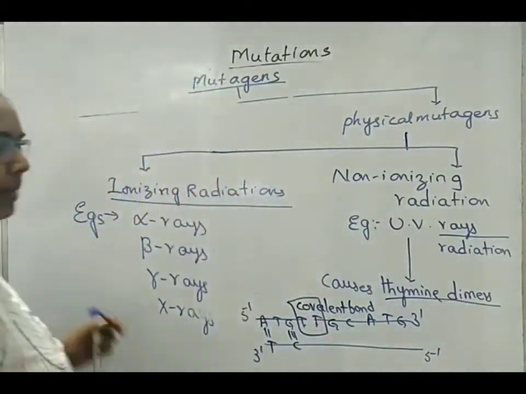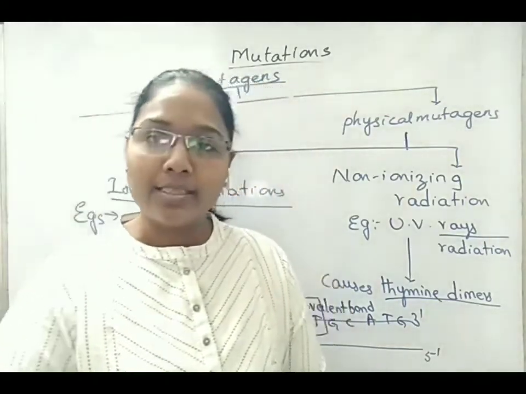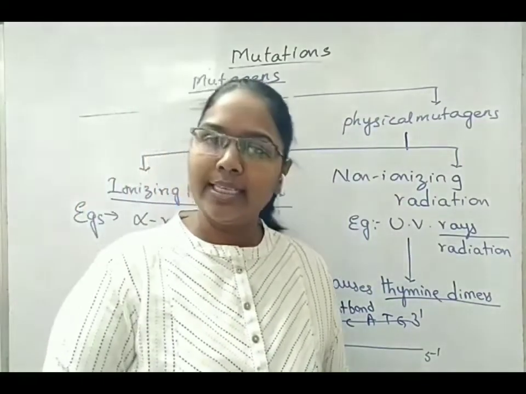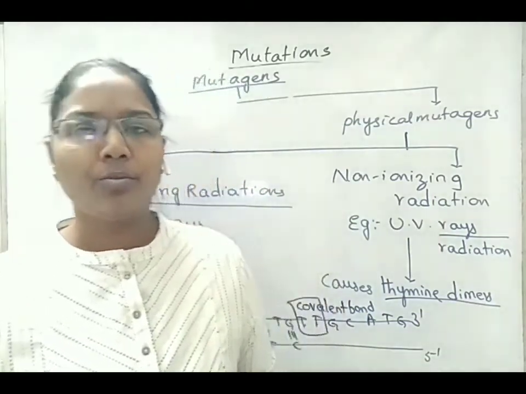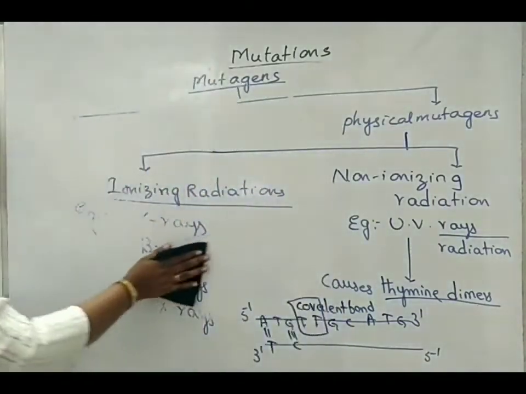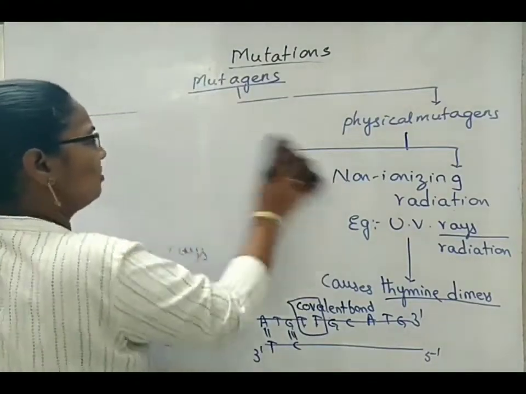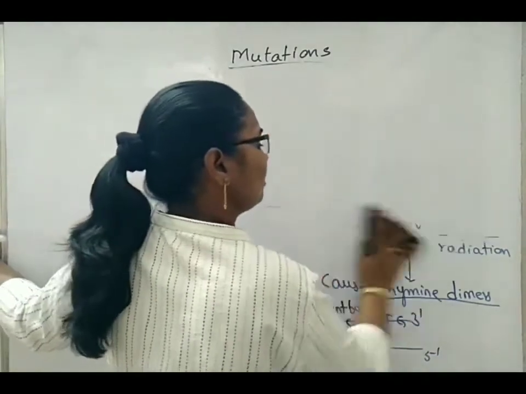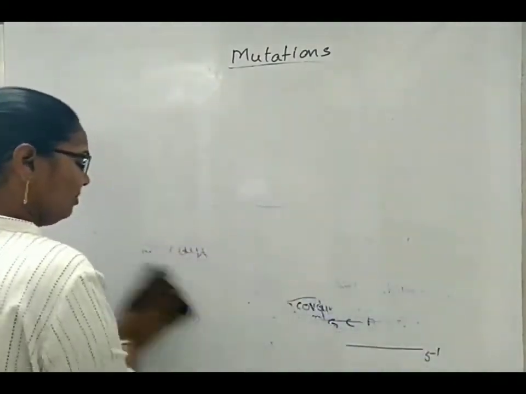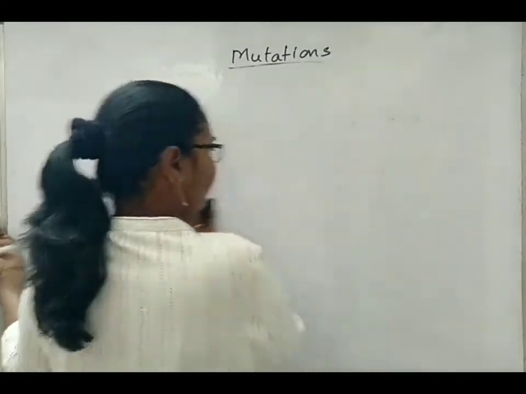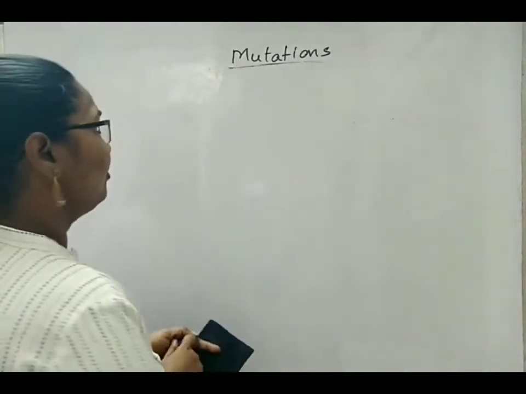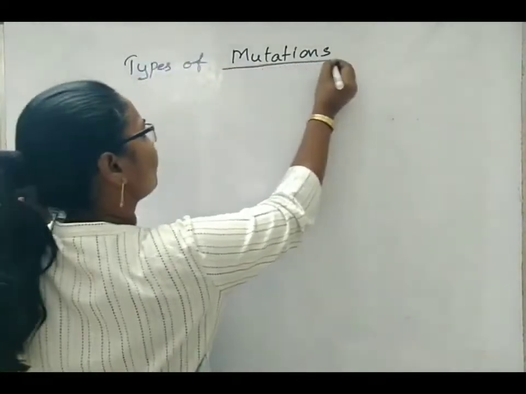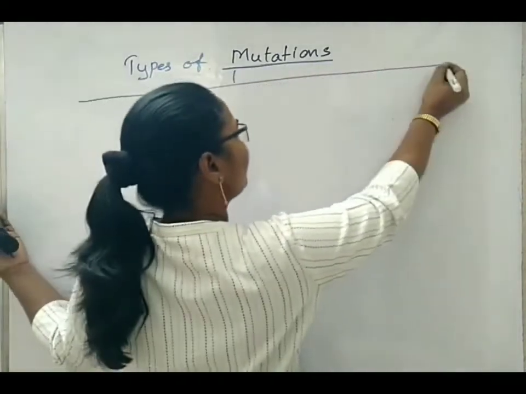Now we will see what the types of mutations are, based on the changes they cause in the morphological structure of the chromosome or in the genetic arrangement of the chromosomes. There are two types of mutations.